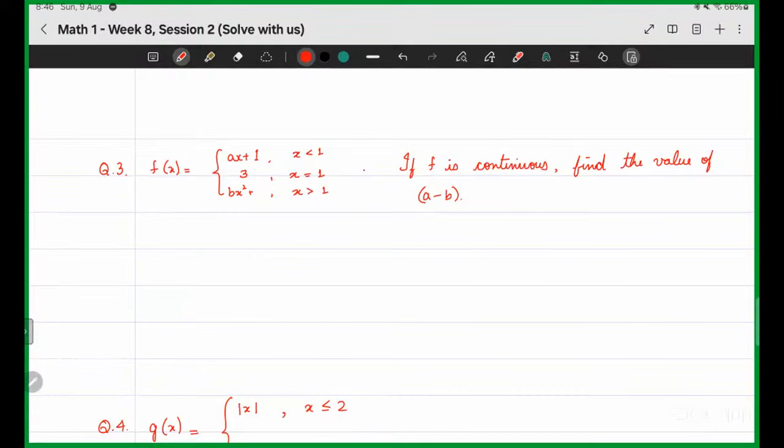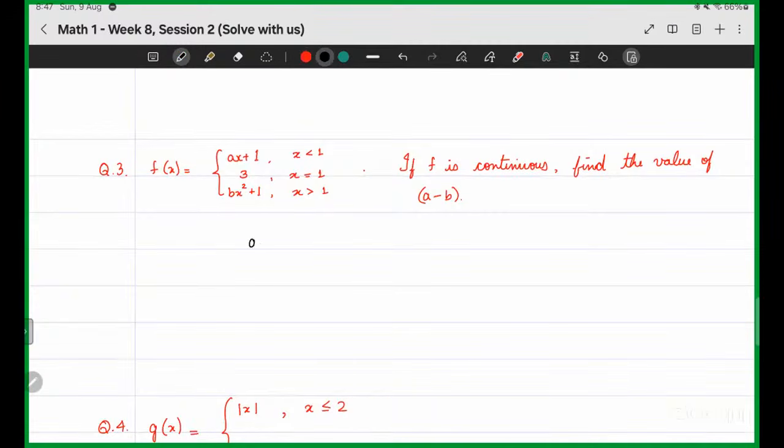A would be 2 then. And that is b x square plus 1? Yes, bx square plus 1, yes. So the answer is 0.